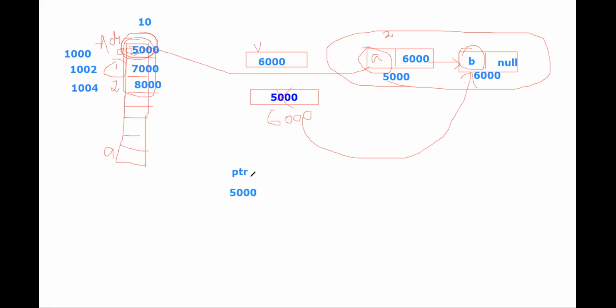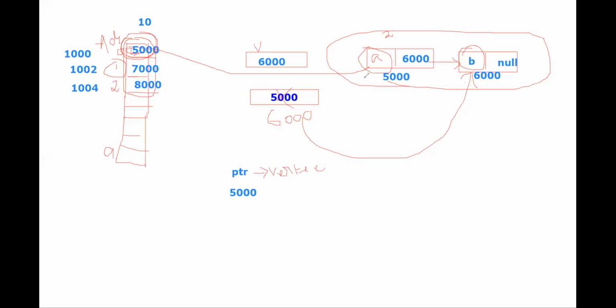Okay, then how will I print the values? Display means I want to print the vertex, nothing but pointer of vertex. Say ptr dash vertex. What will it print now for us? It prints the value in the vertex variable.